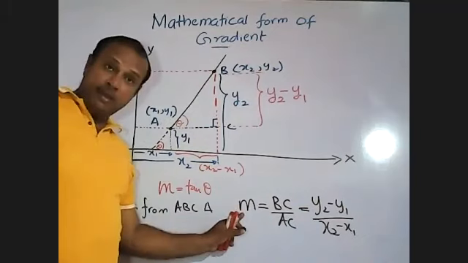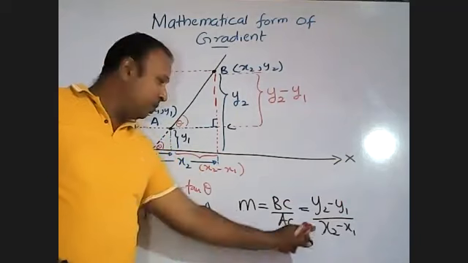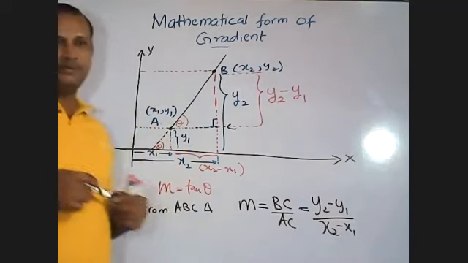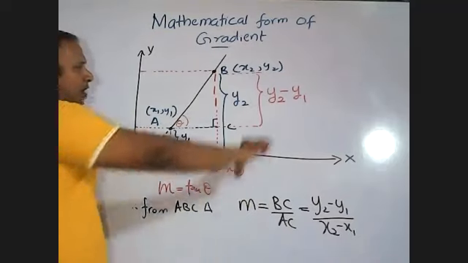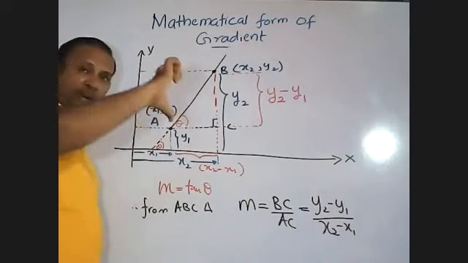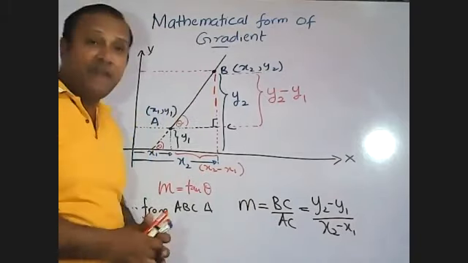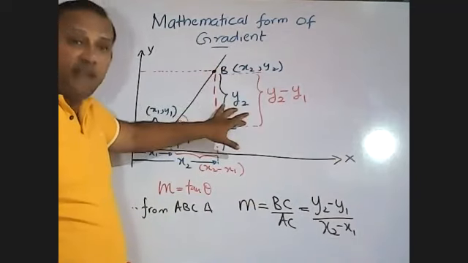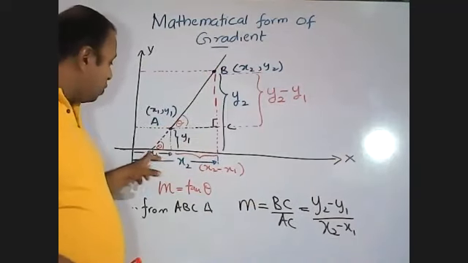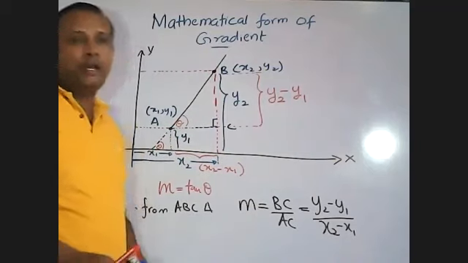Therefore, the tan value is equal to y2 minus y1 over x2 minus x1. So y2 minus y1 means the difference in y value, and x2 minus x1 means the difference in x value.